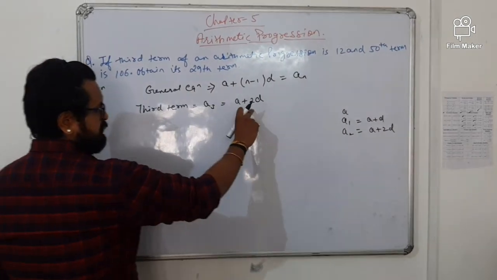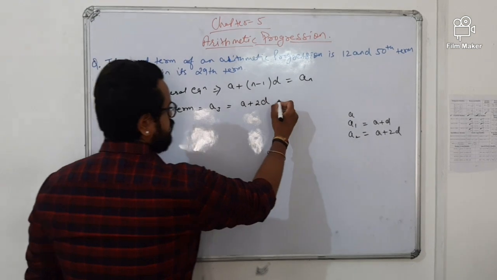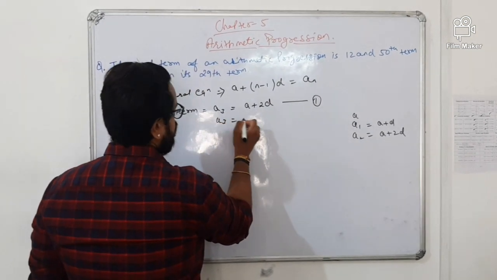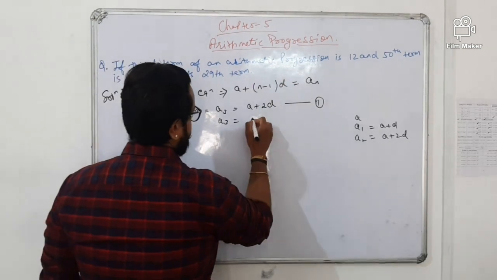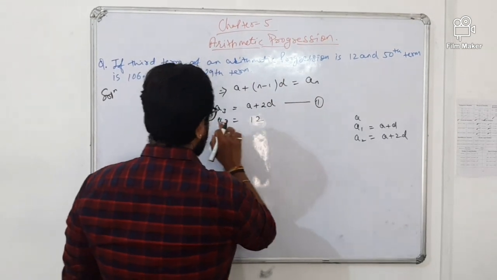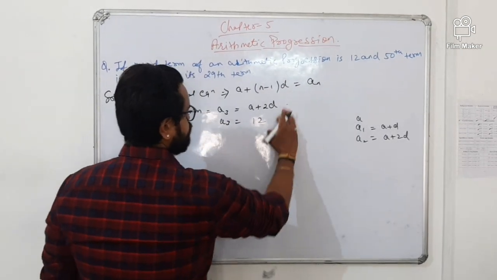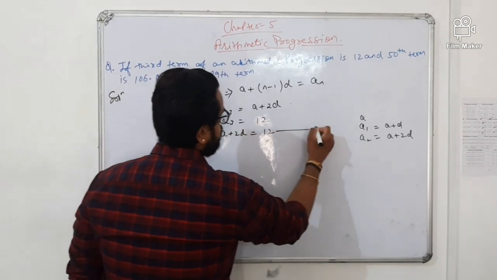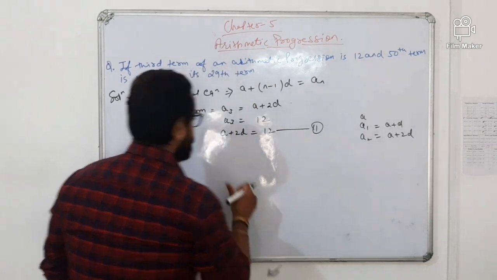So this is the third term A3, A plus 2D. The value of the third term is given, that is 12. So this equation becomes A plus 2D is equal to 12. This is your first equation.